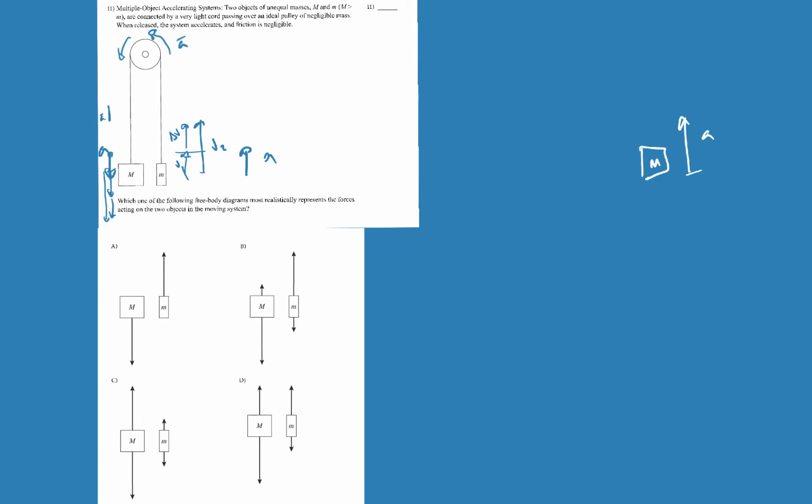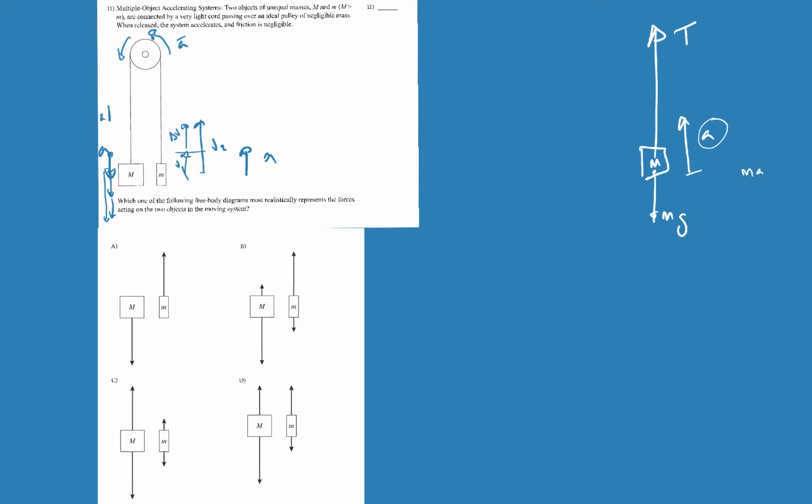It means that there are more forces going up than going downwards. Going downwards is the weight, mg, and going up is the tension, but the tension has to be very big because it has to produce acceleration in this direction.